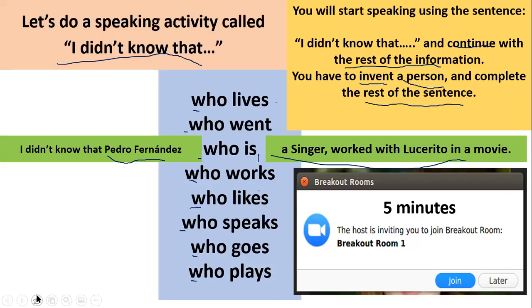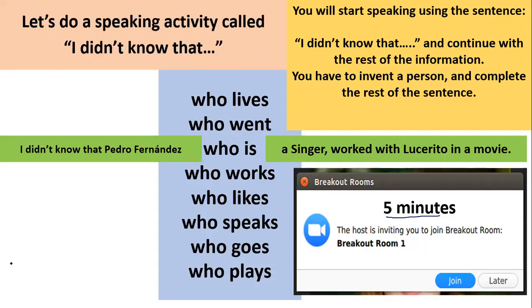Again, you're going to work in groups of 3 and invent the name, select one of these and the rest of the information. Take turns and make sure everybody participates. If you see that someone is quiet, then ask him or her to speak. Okay, so let me separate you.